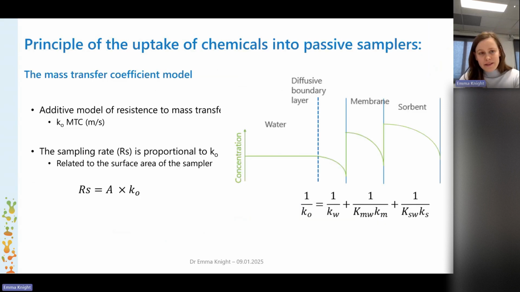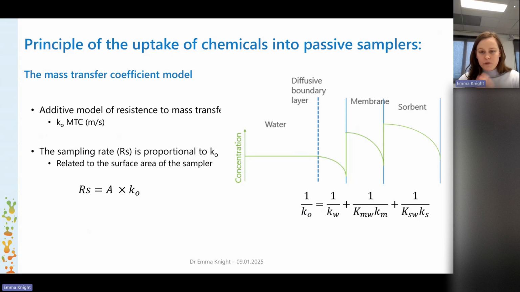And mechanistically, this is the mass transfer coefficient model. So we're looking at an additive model of resistance to mass transfer. So KO is the mass transfer coefficient, usually in meters per second.